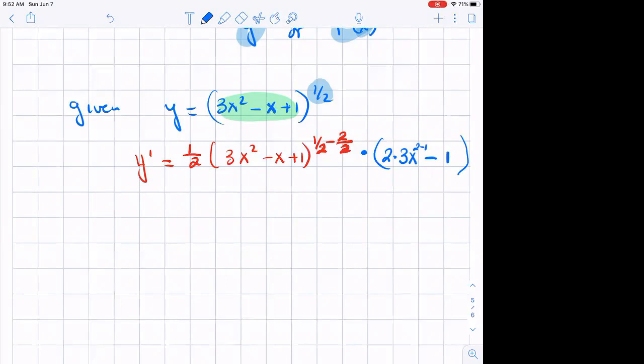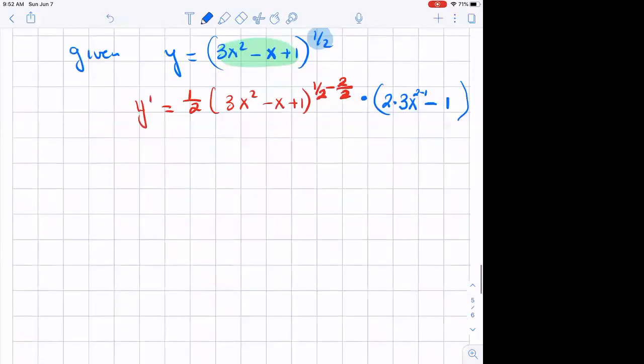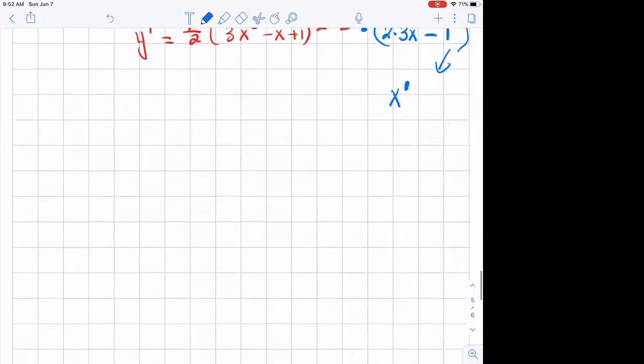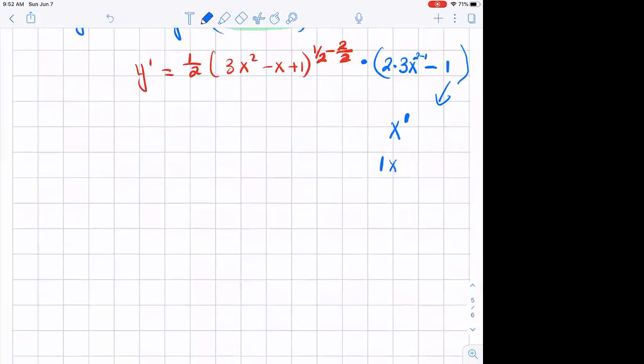The derivative of b is 1. And why are we getting 1? Because this is x to the 1 power, so this becomes 1x to the 1 minus 1, which is 1x to the 0. And x to the 0 is 1. So 1 times 1 is 1. That's where I'm getting it from.